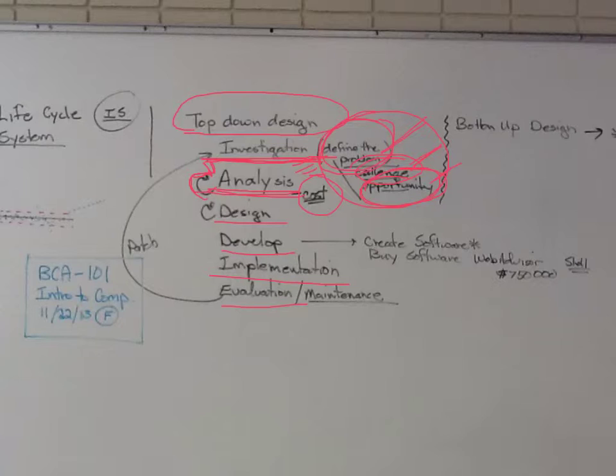A great example would be you have a family and you live in an apartment and there's not enough room, so you have a challenge. So your problem is you don't have enough room for your family. So then you could do all this analysis. Could we build a house? Do we buy one that's built? Do we keep renting? And in that analysis you're going to look at how many bedrooms, do you want an attached garage?